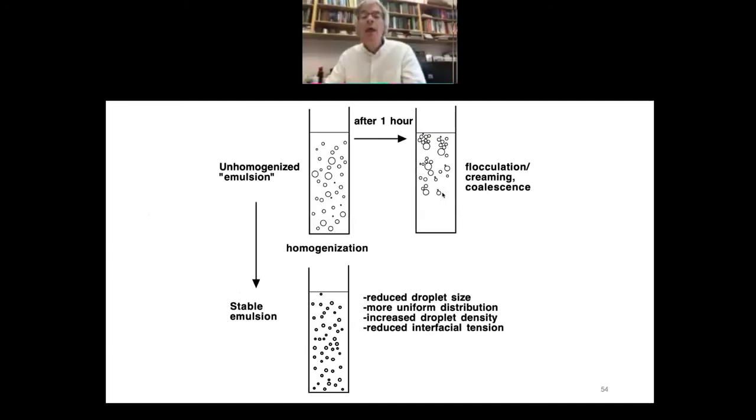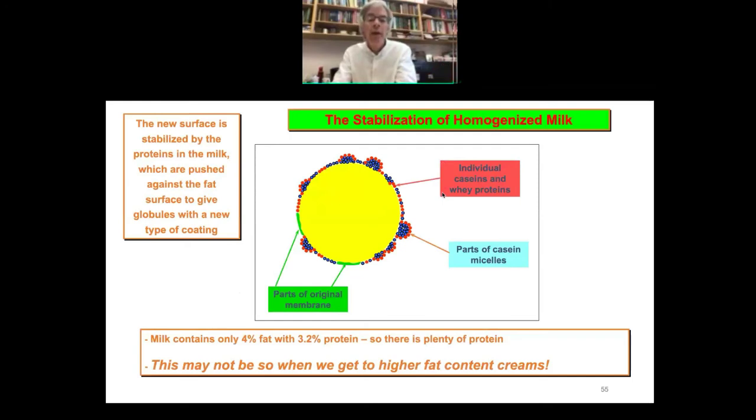Okay. So what our homogenized milk system does is give us that stability because of the principles of colloidal science that I had referred to earlier. Again, you see that in this diagram, where you've got parts of the original fat globule membrane, but not enough of it now to stabilize all that new surface area. So you get absorption of casein micelles and absorption of non-micellar casein and whey proteins, particularly dependent on how high you've heated this emulsion.